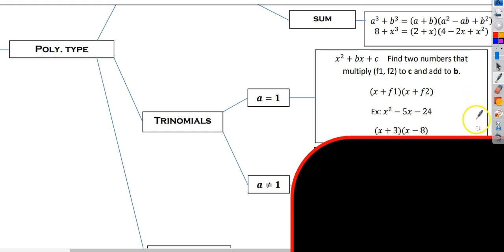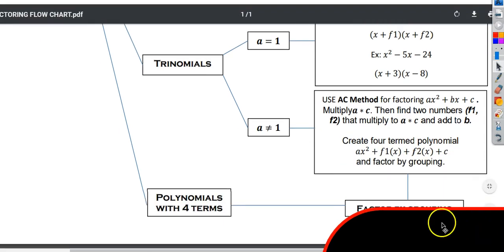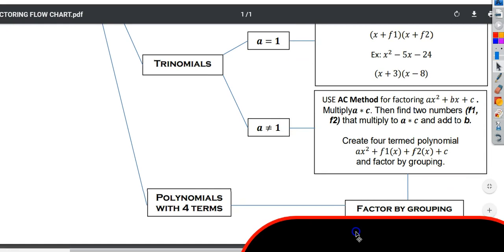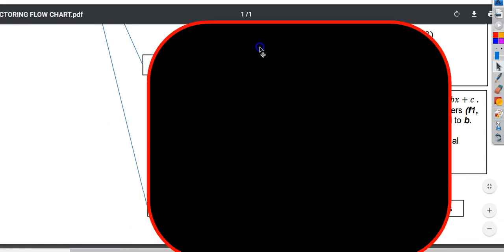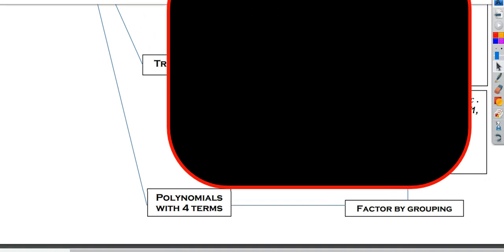Now you're going to look at just one more area, and that is if it is 4 terms. So what do you do if you look at something that has 4 terms? So here's what you're going to do.